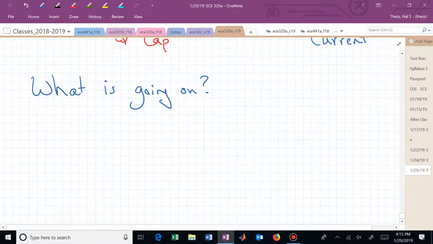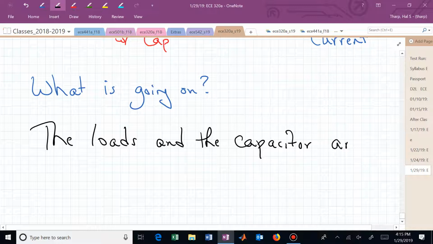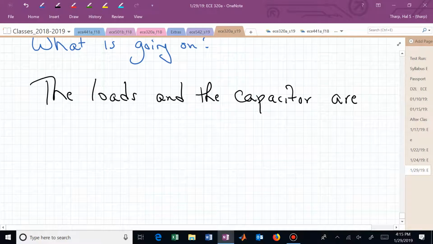Let me try to write this down and then we can try to absorb it. The loads, load 1 and 2, that's what I mean by the loads, and the capacitor. That's how we did the power factor correction, by introducing this capacitor. They are actually next to each other, at the load side.